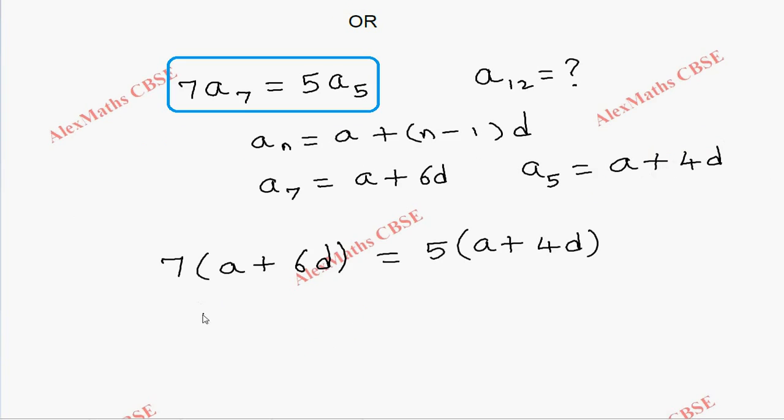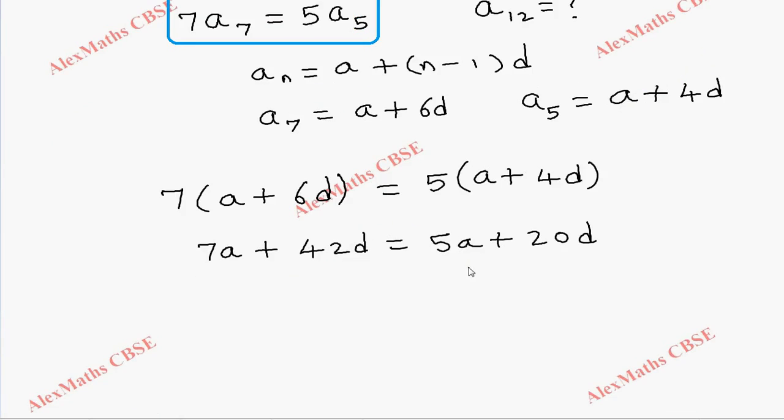Now let's multiply this inside. 7A plus 42D equal to 5A plus 20D. Now taking all the terms to one side, we have 7A plus 42D minus 5A minus 20D equal to 0.